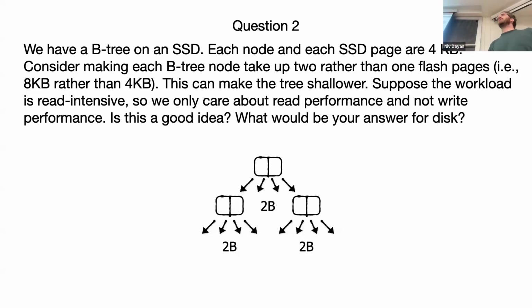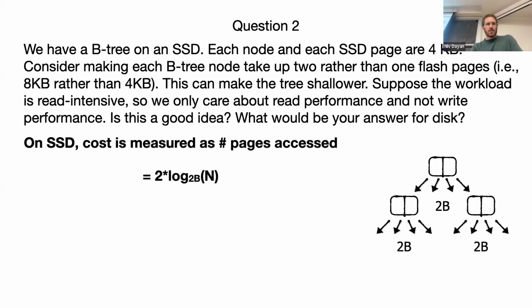So here's maybe how to reason about exactly the same thing formally. If you doubled the node size, your search cost would be the following. This is the depth of the tree, and now the fan out is 2B. B is the number of entries that fit into one page. Now each node is 2 pages, so the fan out is 2B. But for every node that you actually access along the way, you're reading 2 pages.